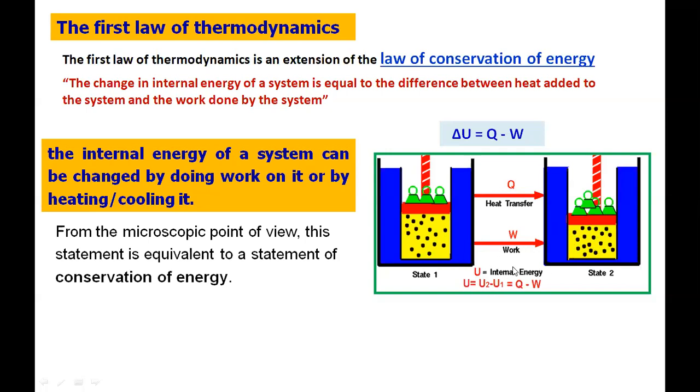So U is internal energy, and delta U تساوي U2 minus U1.